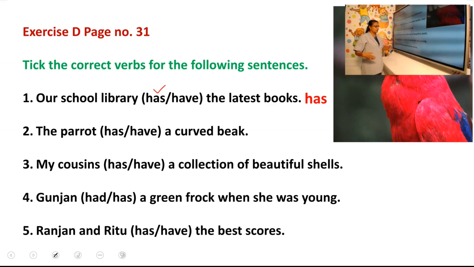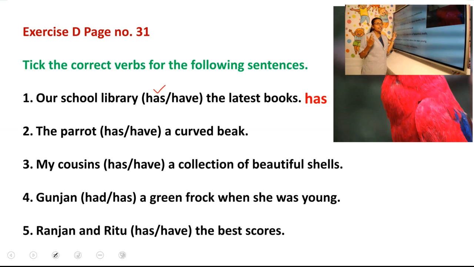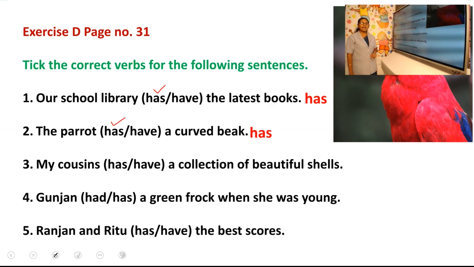Question number 2. The parrot has or have a curved beak. See in the picture you can see that. The parrot, that is a singular subject. So we have to use the singular verb. Which is the singular verb here? Very good, has. So what is the answer? Has.